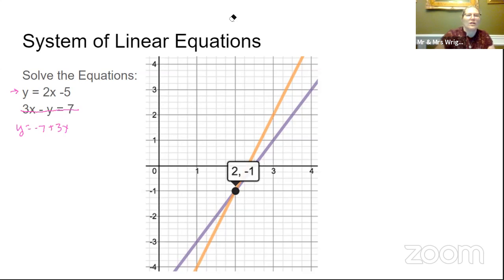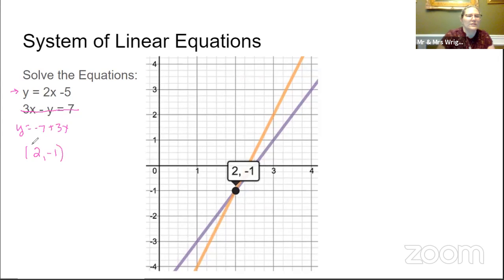So our answer to this system of linear equations is 2, negative 1, or x equals 2, y equals negative 1. I prefer it to be answered in this method, but you will see it done both ways.